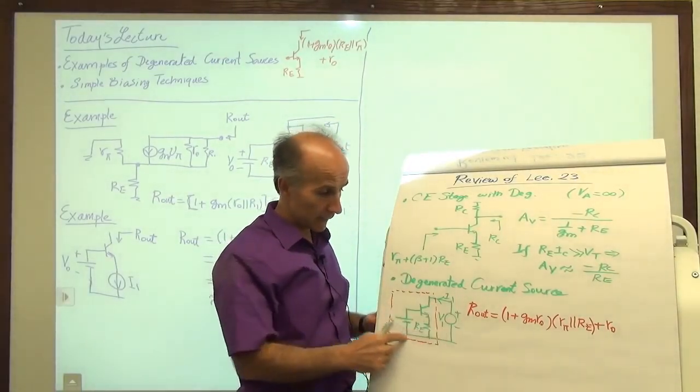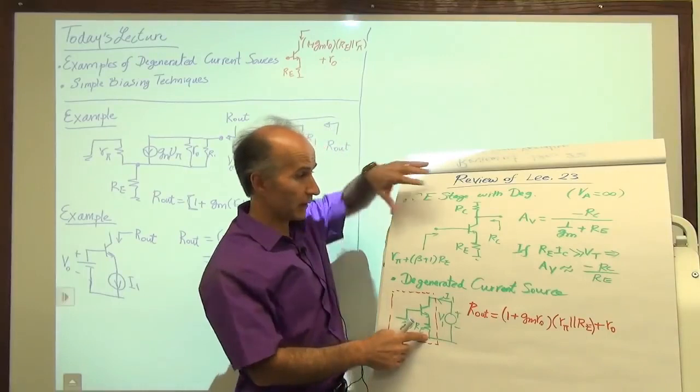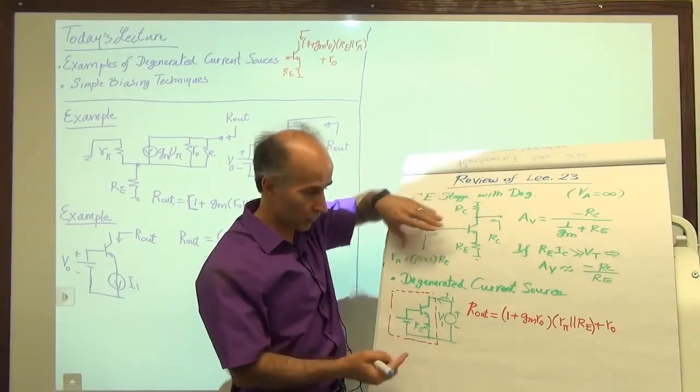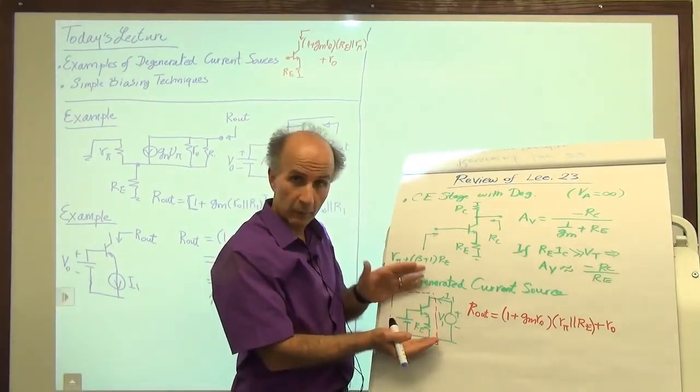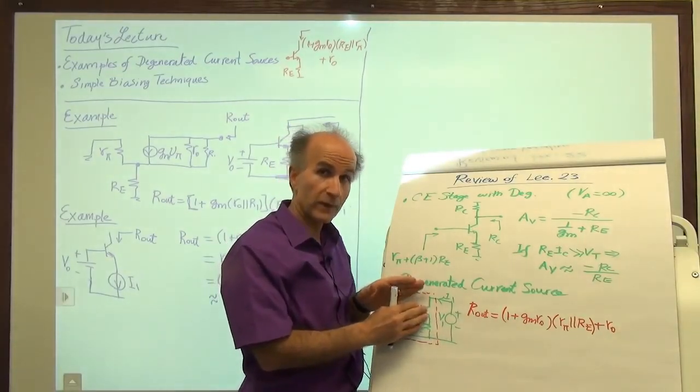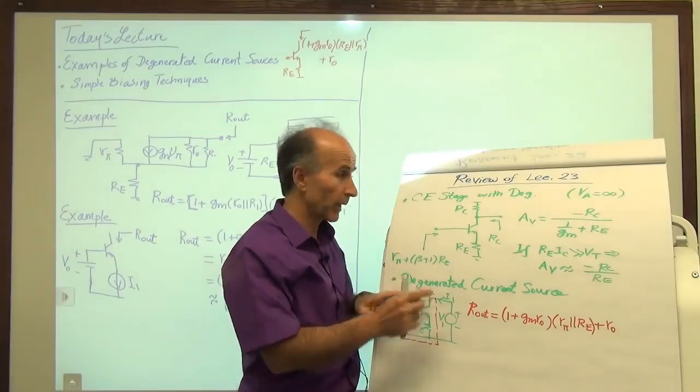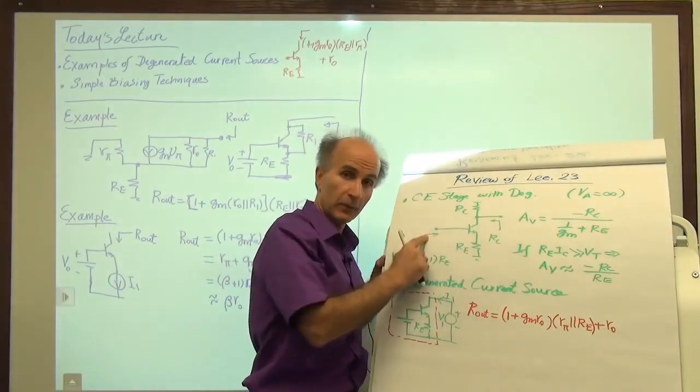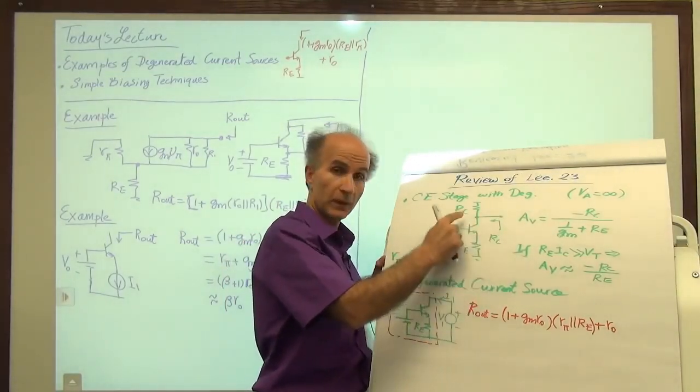In this very special case, which is not the general amplifier, it's just one little current source by itself, we assumed the early effect was not negligible. But for the voltage gain and the input impedance and the general output impedance, we did.